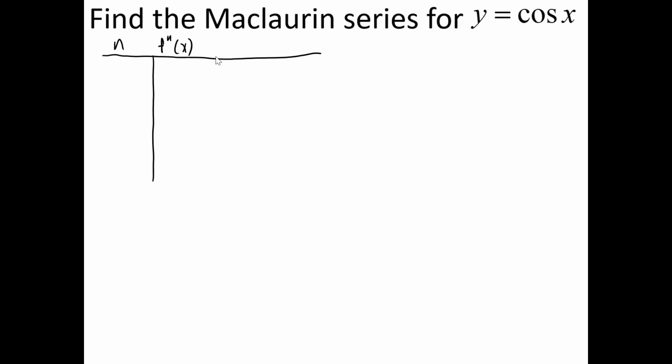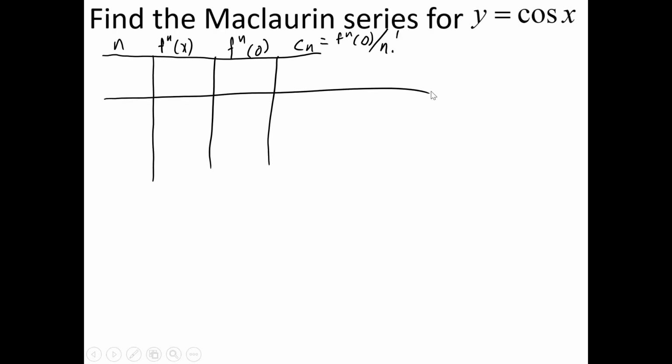Fn of x, fn of 0, because it's Maclaurin, and your Cn is Fn of 0 divided by n factorial. And at 0, we get the cosine of x. Evaluate that at 0, we get 1, and so then C naught is 1.